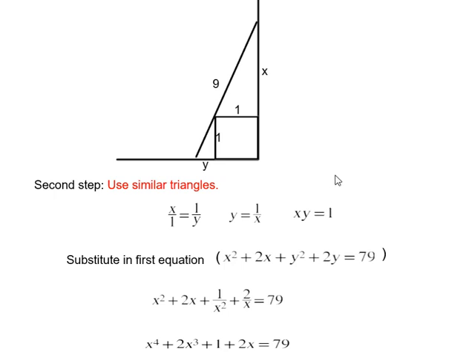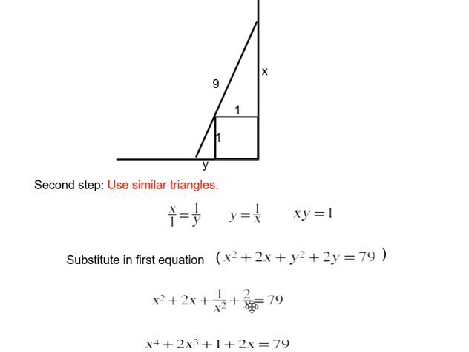So we put that in the first equation, which is this one here, and in place of y, we put 1 over x. So we get x squared plus 2x plus 1 over x squared plus 2 over x equals 79. This gives us this equation here.